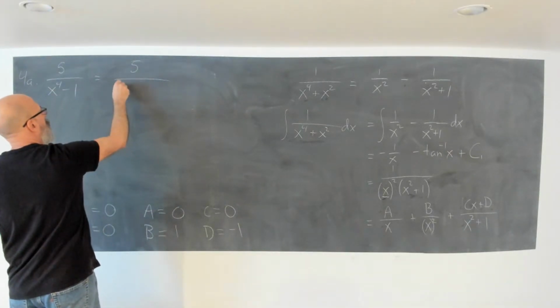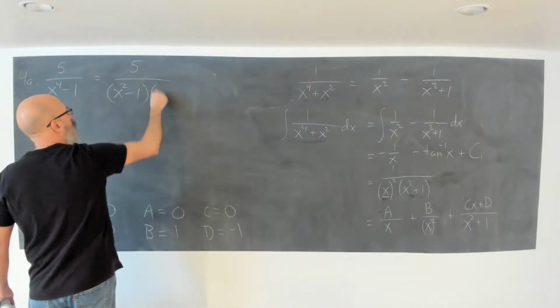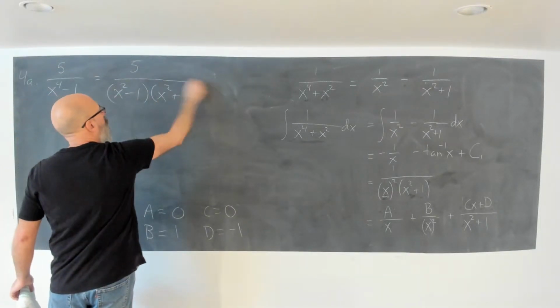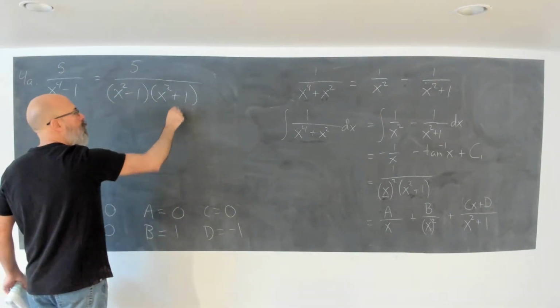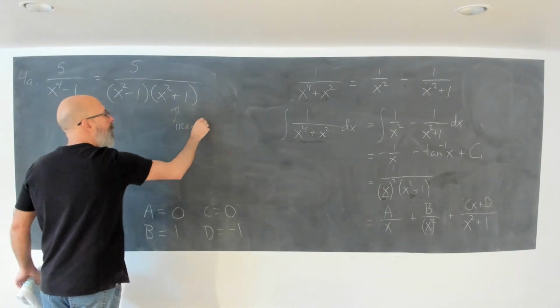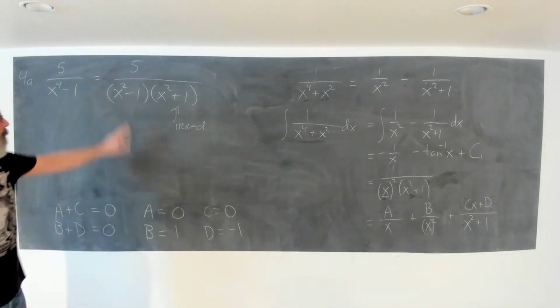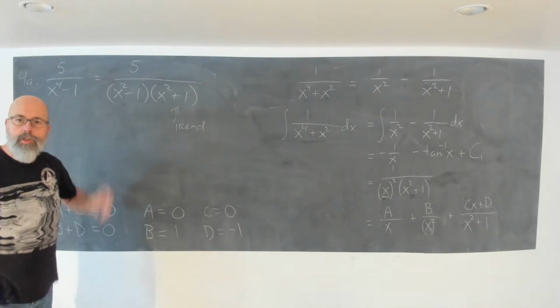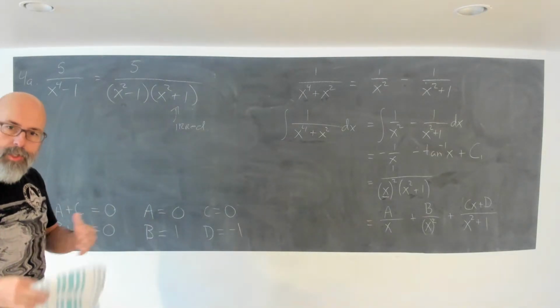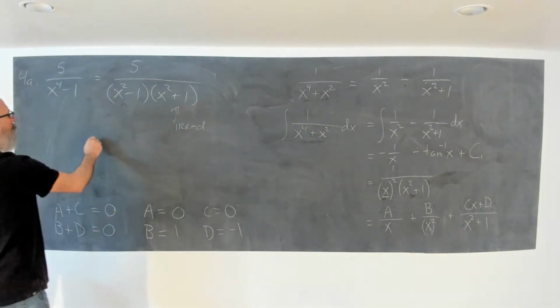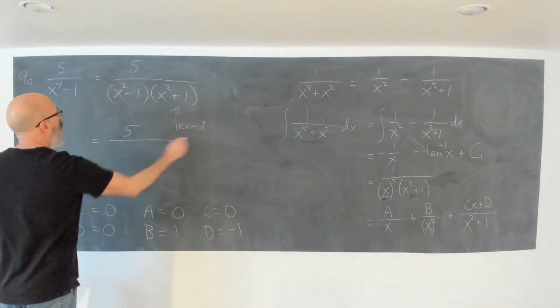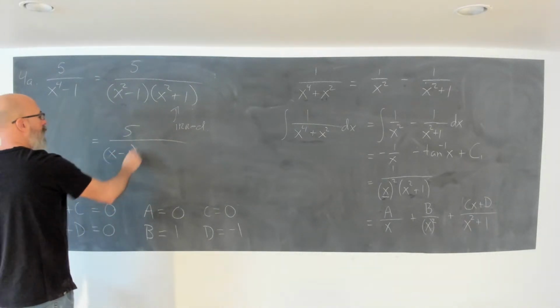Sophia is suggesting x minus 1 times x squared plus 1. This is irreducible already, so an excellent start, but this is not. This factors a bit more as x minus 1, x plus 1.